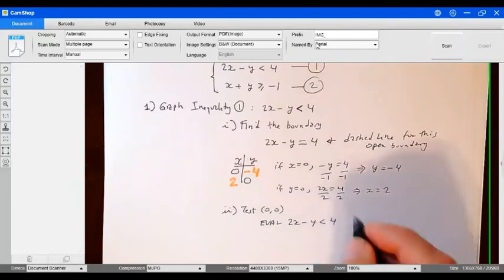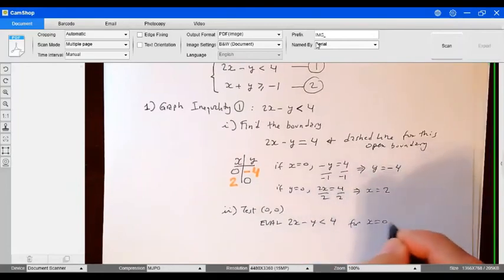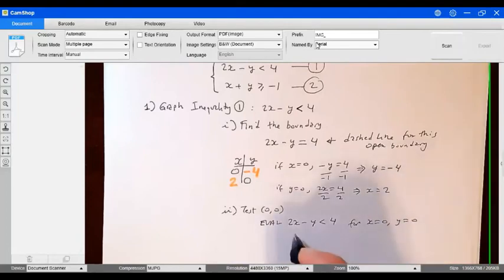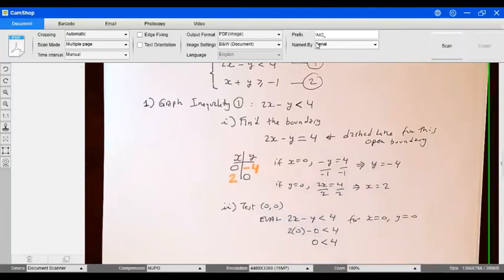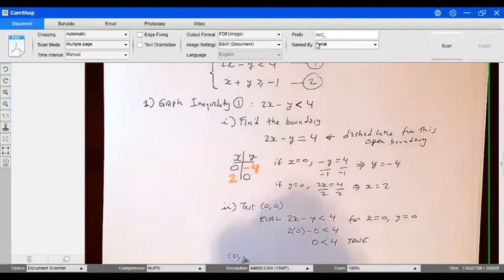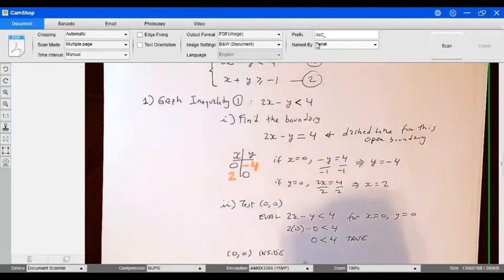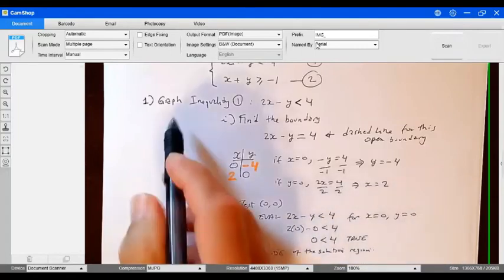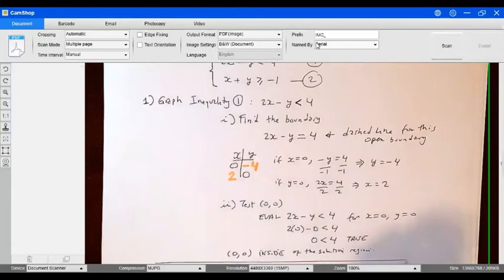For x equals 0, y equals 0, you have 2 times 0 minus 0 less than 4. So you get 0 less than 4. This is true. So for the first inequality, 0, 0 is inside of the solution region. We have finished everything we need for the first inequality.